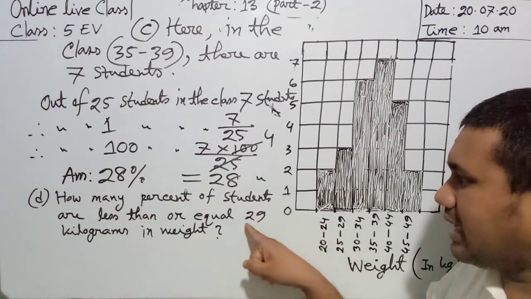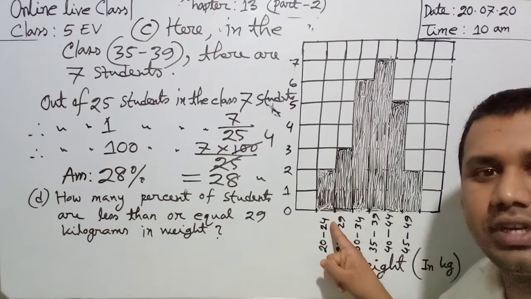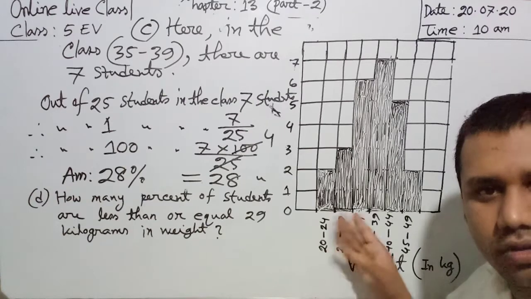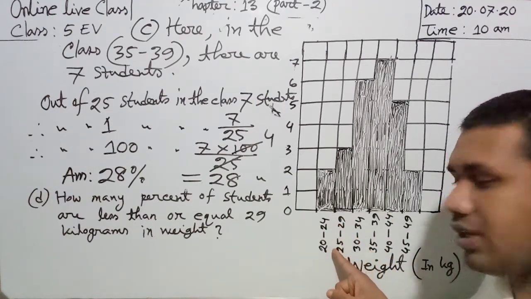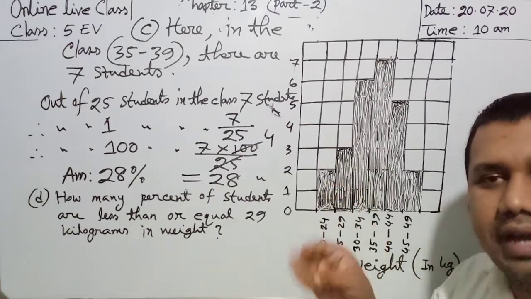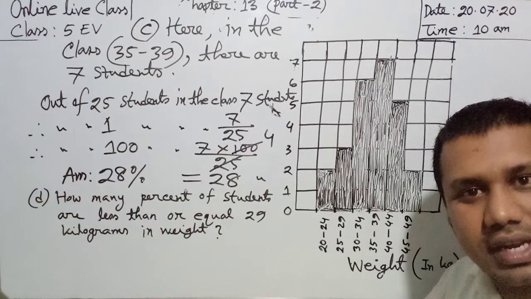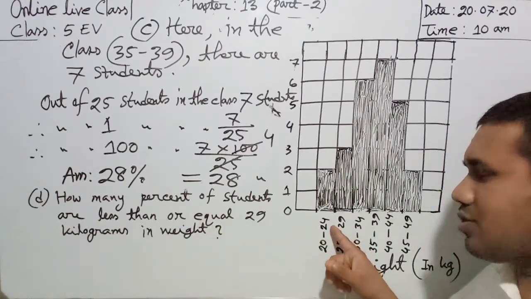So this is less than 29, and 25 to 29, this is including 29 also, 29 also included. So 25, 26, 27, 28 are less than 29, and also we can take equal 29, so this is 29.